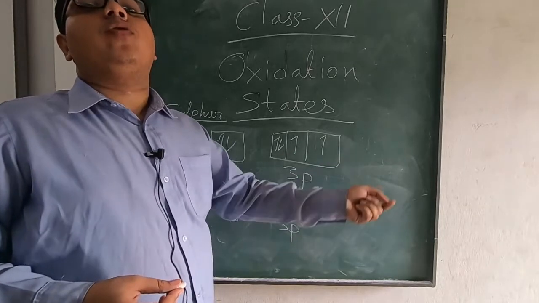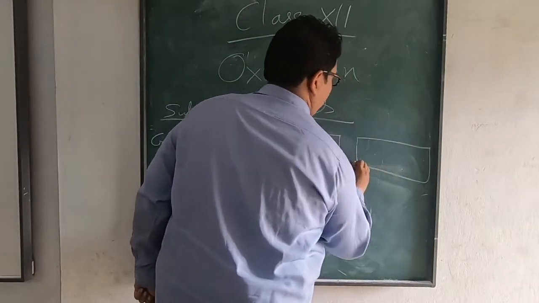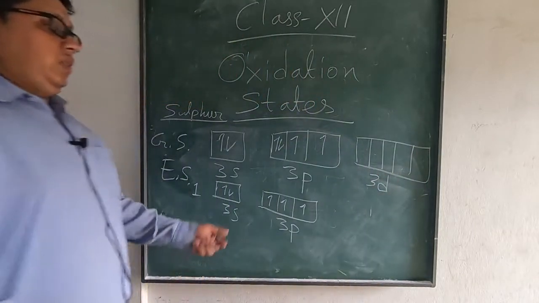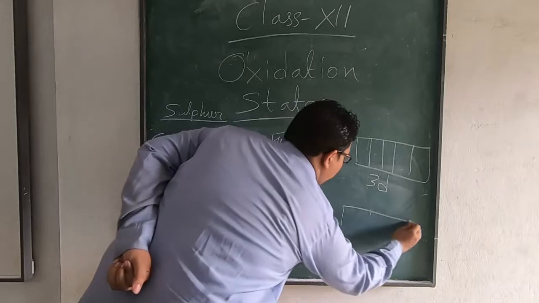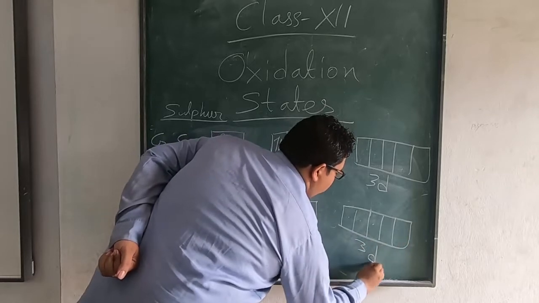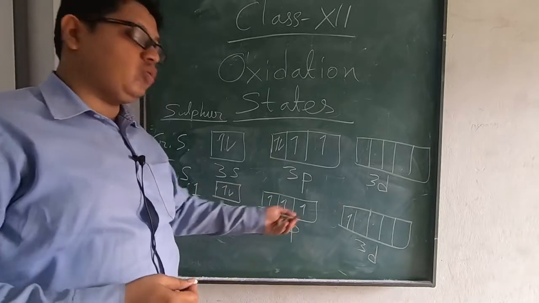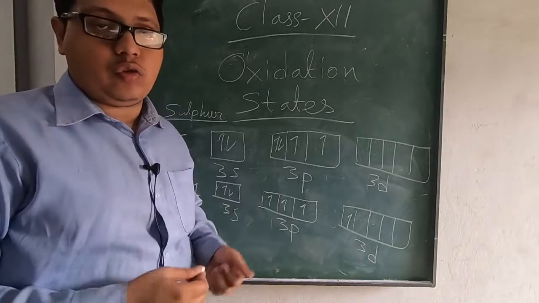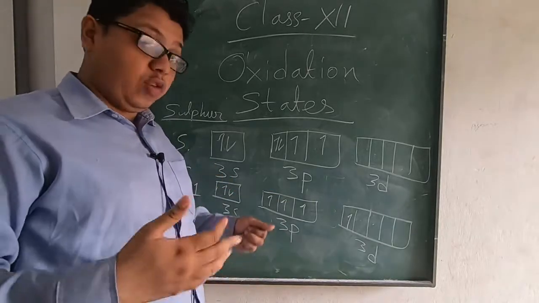Because there is no possibility of having a 2d orbital, but we can have 3d orbitals. 3d is completely empty, but in the excited state one of the electrons can jump from 3p to 3d, and in that case we will have 4 unpaired electrons in 4 orbitals, and thus it will show an oxidation state of 4.